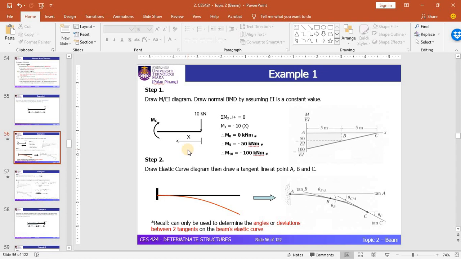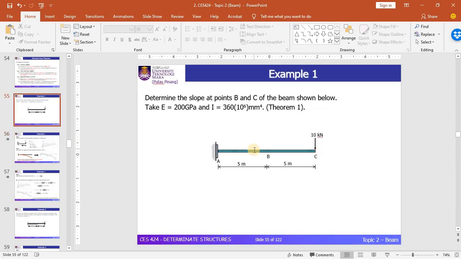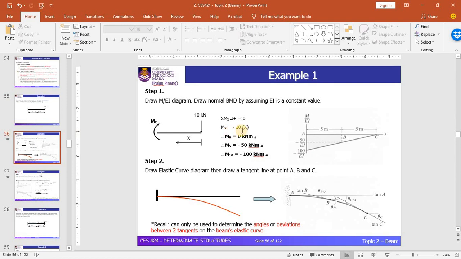I don't want to explain in detail how to use it. You may open your book on solid mechanics and recall what you have learned. The equation of moment for this particular cantilever beam is equal to negative 10x.